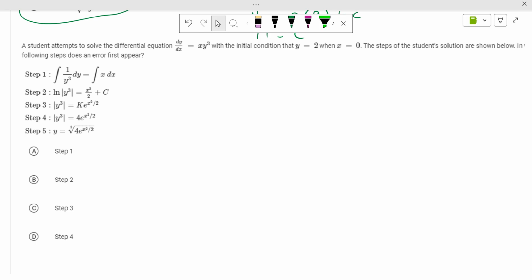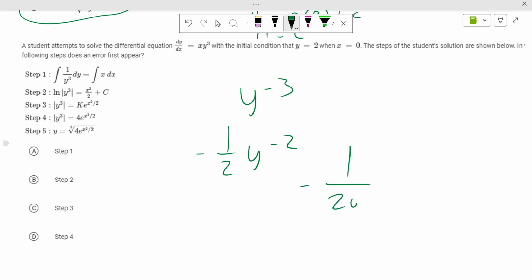So it wouldn't be the ln, it would be y to the -3, so y to the -2 with a -1/2, so it'd be -1 over 2y squared. Should be the integral of that side, right? Bang. Okay.